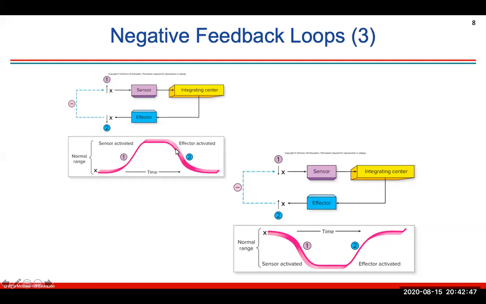And that's why the graph is going back down to its normal set point. The normal range, this is where the set point is up here. The sensor will be activated if the value decreases, send it to the integrating center in the brain, and tell the effector to bring that value back up to normal.